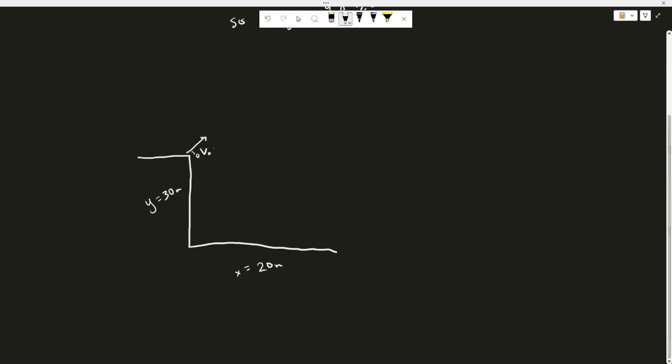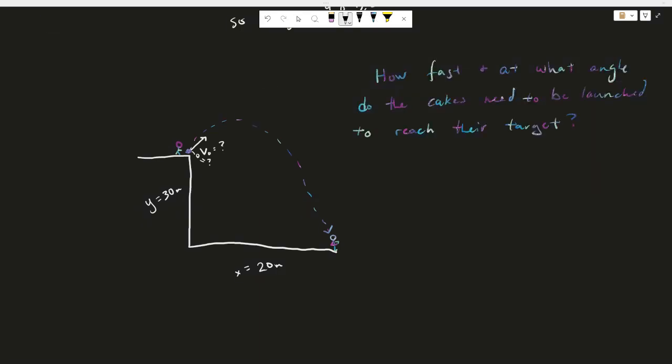We're then going to be solving for the initial velocity and the angle of the launch for the airbending, to figure out how hard and at what angle Aang and Gyatso need to launch the cakes in order to hit their target. We're going to start with the x direction.